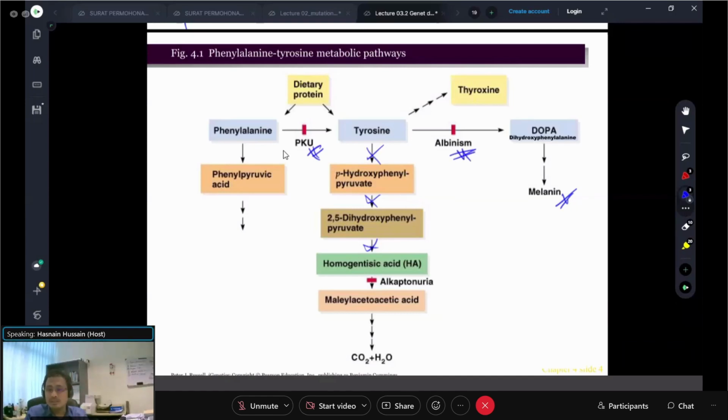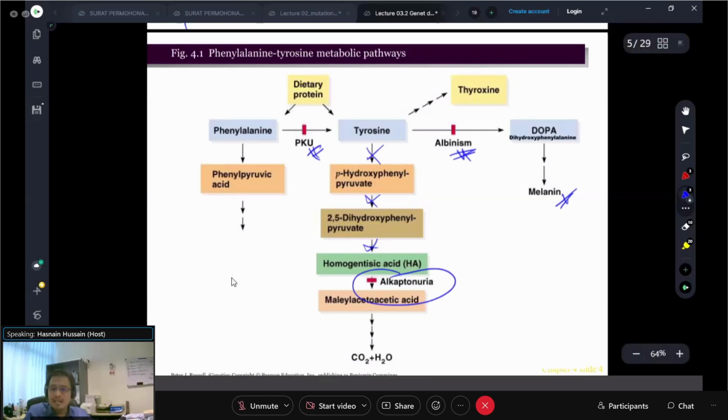Okay, so quite close pathways that can cause several different disorders. Okay, and then homogentisic acid you came across before, if there is an inability to convert this HA into maleylacetoacetic acid, then it'll cause alkaptonuria.